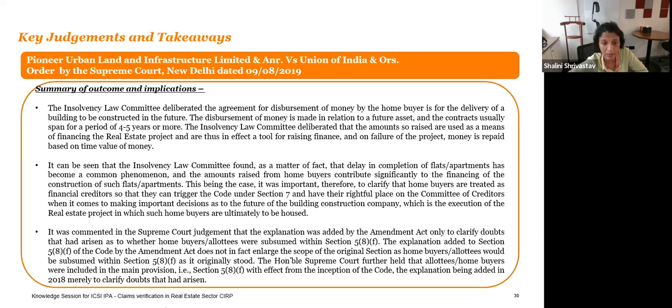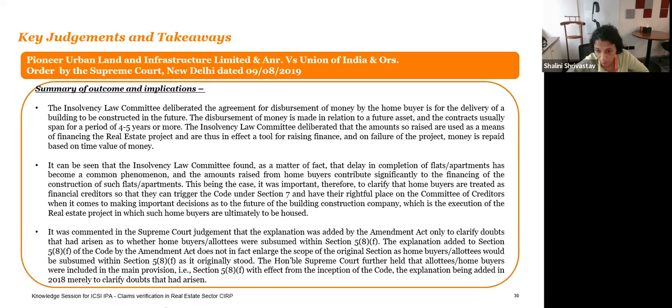It was communicated in the Supreme Court judgment that the explanation was added by the Amendment Act only to clarify doubts that had arisen as to whether home buyers or allottees were subsumed within Section 5(8)(f). The explanation added to this section by the Amendment Act does not in fact enlarge the scope of the original section, as home buyers or allottees would be subsumed within the section as it originally stood.